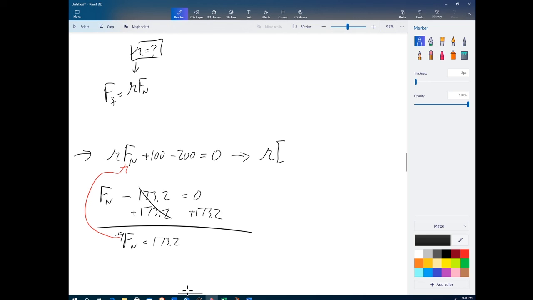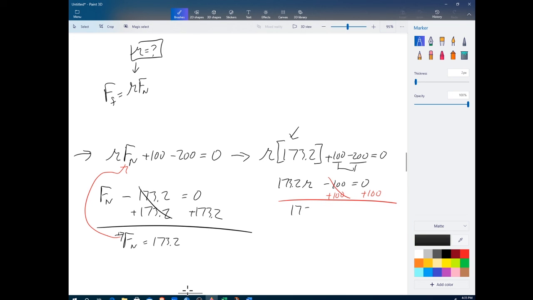Mu times 173.2 plus 100 minus 200 equals 0. Combining like terms, these two are like terms. The mu term is not, because it's got the variable with it. So I get 173.2 mu minus 100. Then I start solving it like an ogre after I collect the like terms.